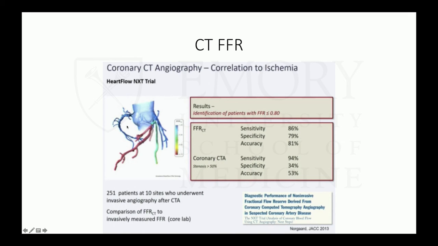And that's through this use of CT-FFR, integrating anatomy and physiology, hopefully even further decreasing the need for invasive coronary angiography. What are the issues currently with CT-FFR?